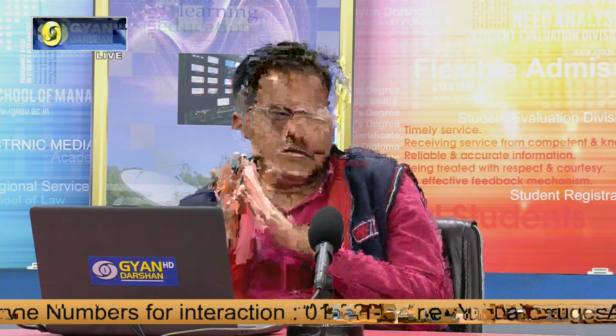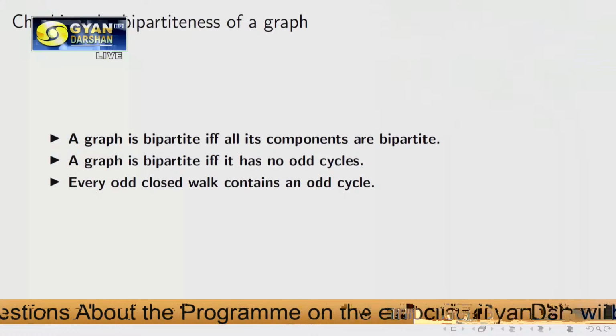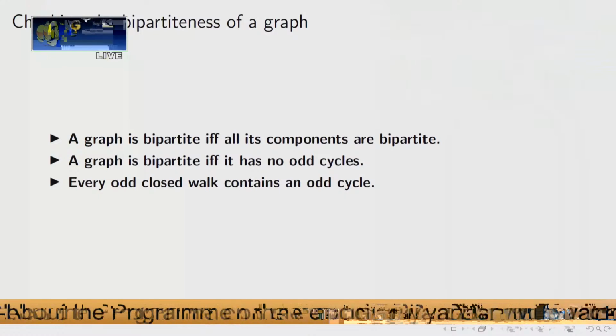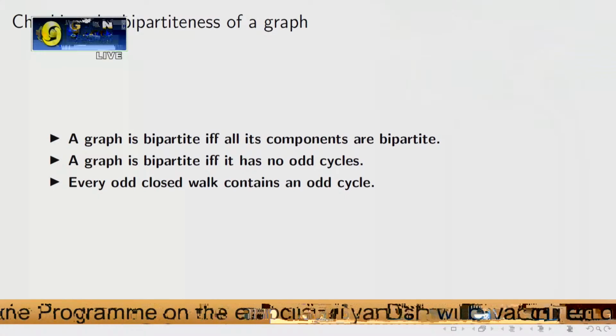Now there are some other facts that you must know about bipartite graphs. A graph is bipartite if and only if all its components are bipartite, right? And more importantly, a graph is bipartite if and only if it has no odd cycles. So what are odd cycles?